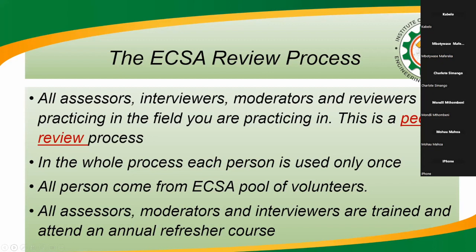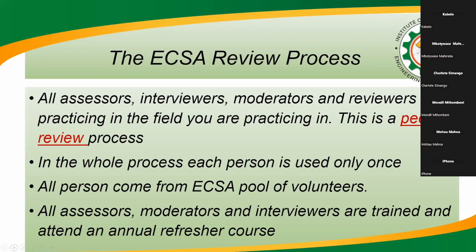Because ECSA has a pool of volunteers. Another thing is we are all trained as assessors, moderators, and interviewers. If you want to become one of the volunteers, you start as an assessor. Then after you've done a few assessments, they will give you a moderation to do. If you do well in that, then you will go into interviews, but you will be trained as you go.